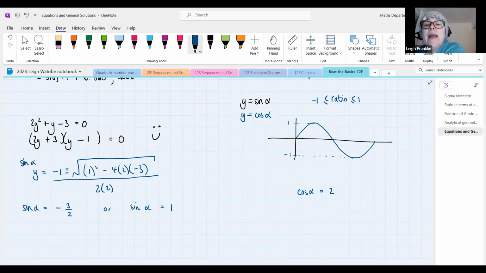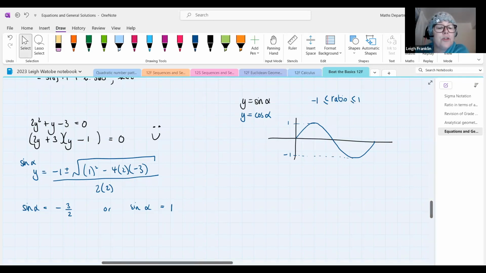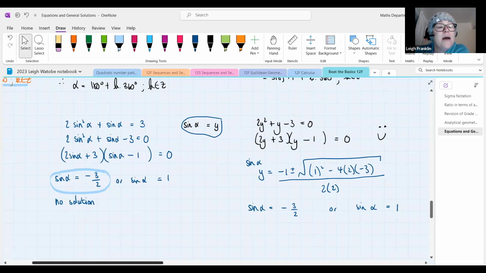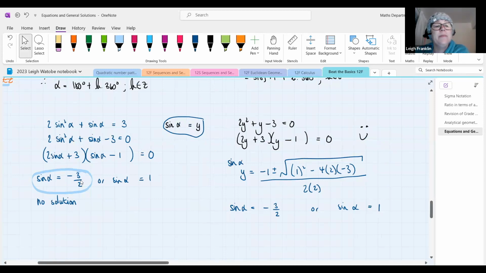It cannot be any smaller than -1 or any bigger than 1, or there would be no solution. For tan theta, it doesn't matter. It can be anything. There's no restriction, no maximum and no minimum. So that's why we end up here with no solution as our answer.